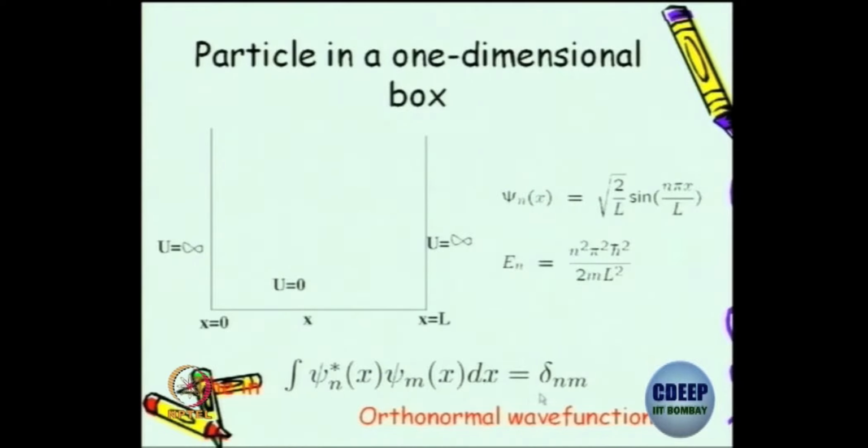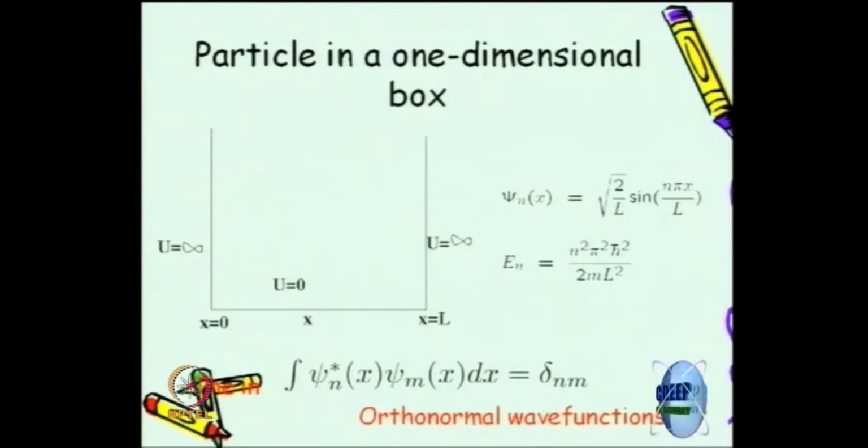This delta nm is the Kronecker delta. I assume everybody knows: if n is equal to m, it is 1. If n is not equal to m, it is going to be 0. And this is what we call the normalized function. When n and m are equal, it is the normalization condition. And when n and m are not the same, they have to be orthogonal.